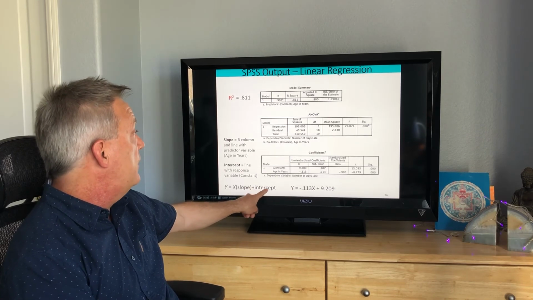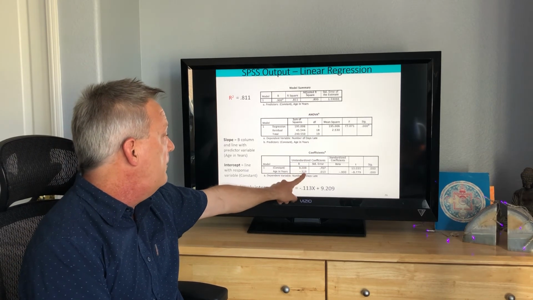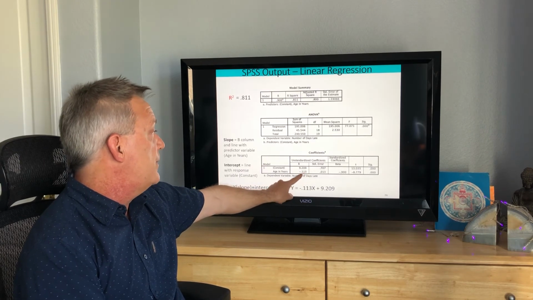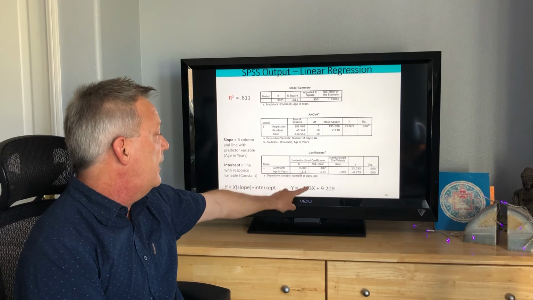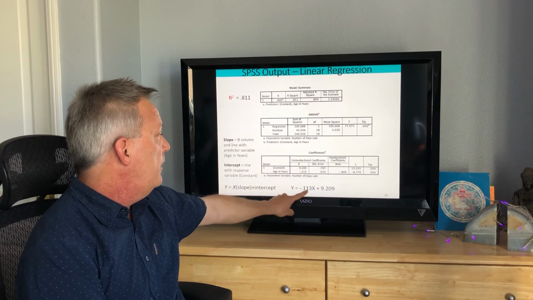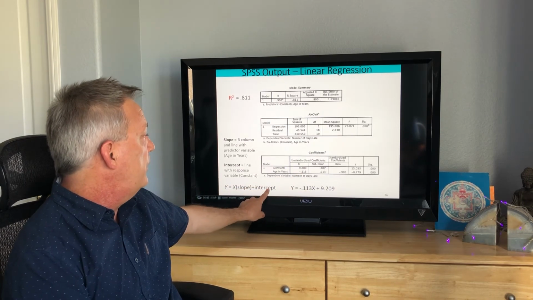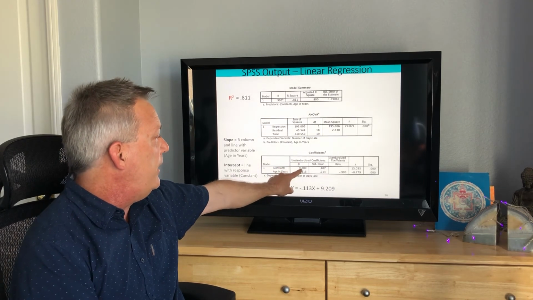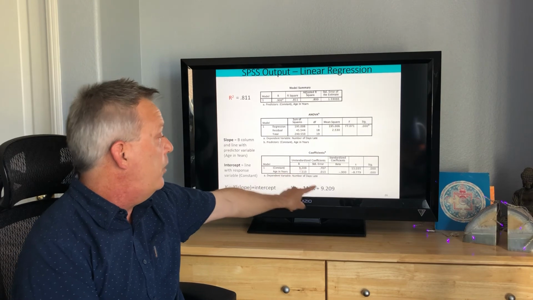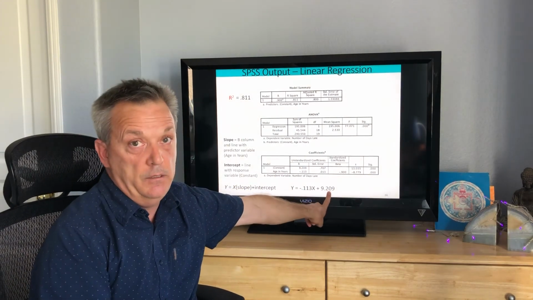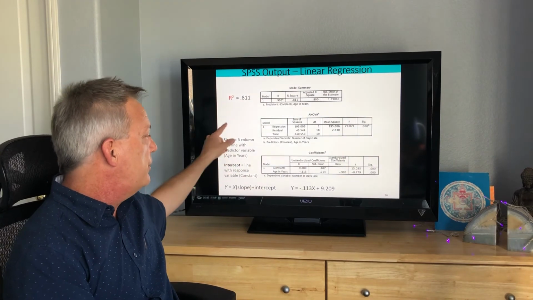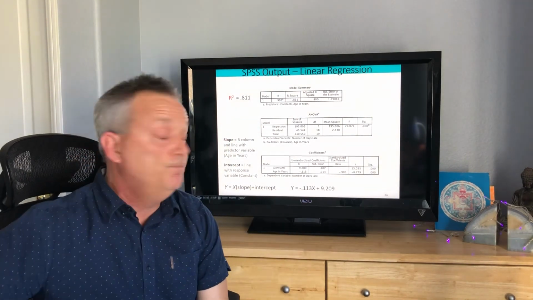As you can see, the slope is in this B column, in the line with the predictor variable, which is the age in years, and you just plug that in right here. And your intercept is the line with the response variable, which is labeled as the constant in column B, and that's 9.209, and you just plug that in there. That's kind of hard to remember, so you'd probably have to have some notes and then plug it in that way.